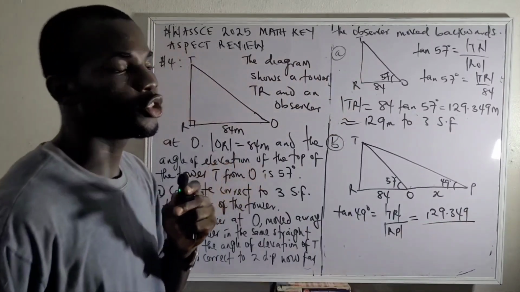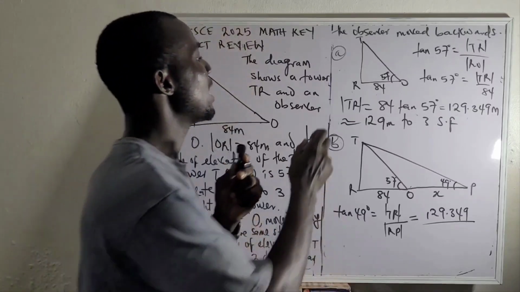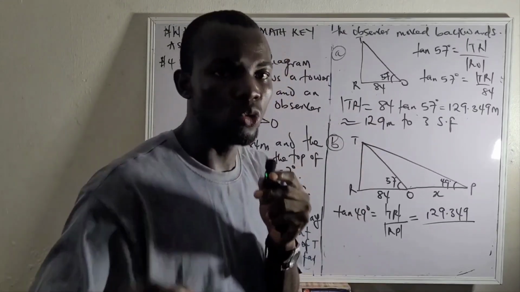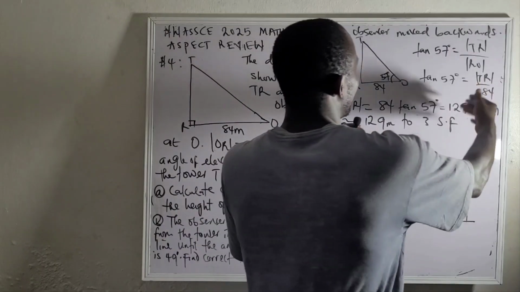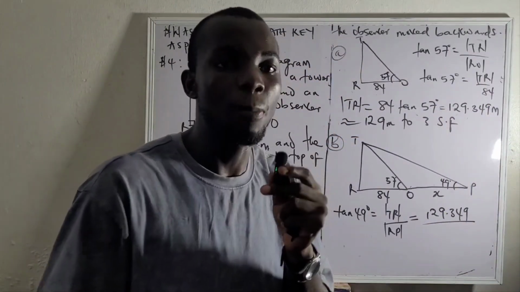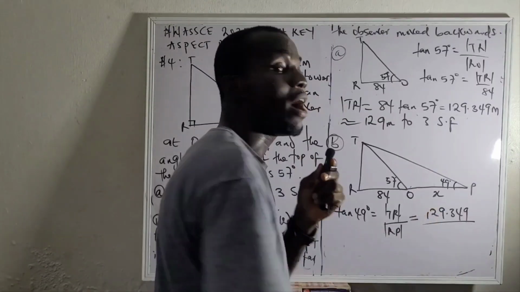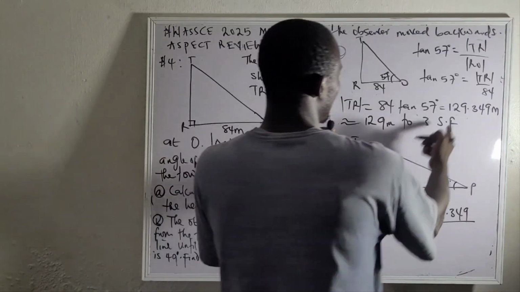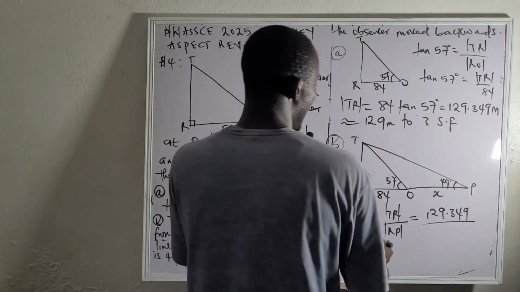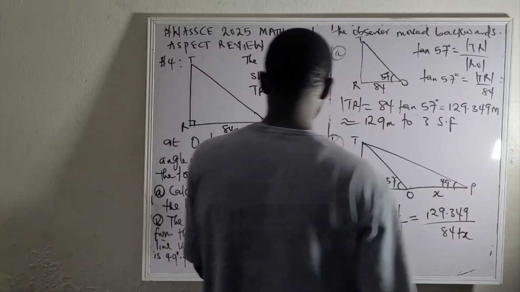Whenever you are using a calculated value, don't use the approximate value. Use the raw value to some decimal places, which will make your answer more accurate. That's why I'm using this instead of this. And RP is 84 plus X.